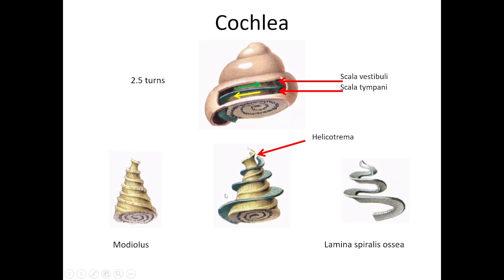It means that fluid from Scala vestibuli moves from the base to the top of the cochlea, then passes through helicotrema and moves in the opposite direction from the top to the base of the cochlea.